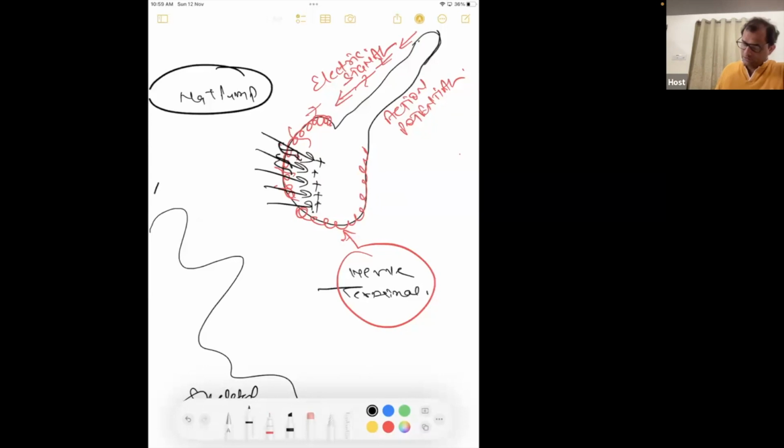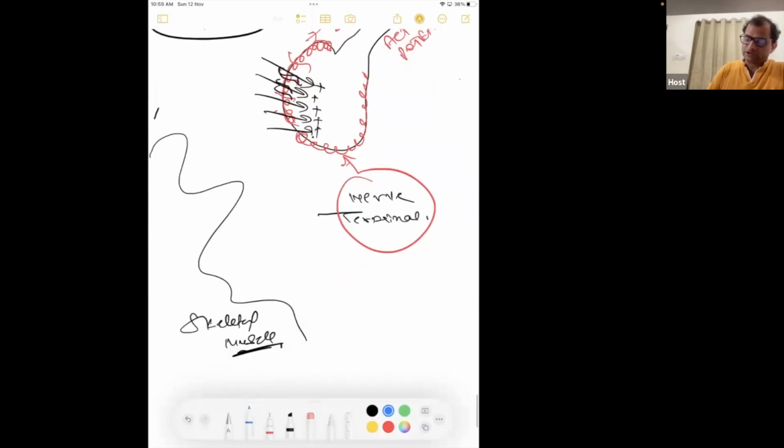Normally the polarity inside is minus 70 millivolt. But sodium will come and will change the polarity and keep on changing the polarity. It will even take the polarity up to plus 10 millivolt. So what is this change in the polarity? We call it depolarization.